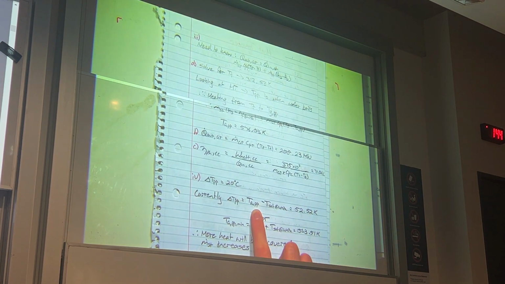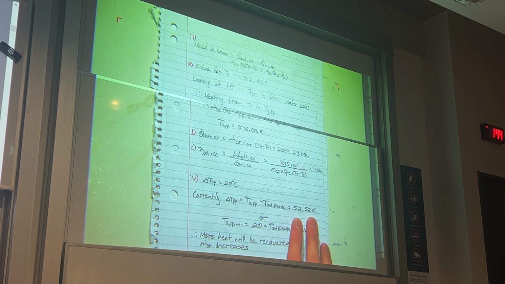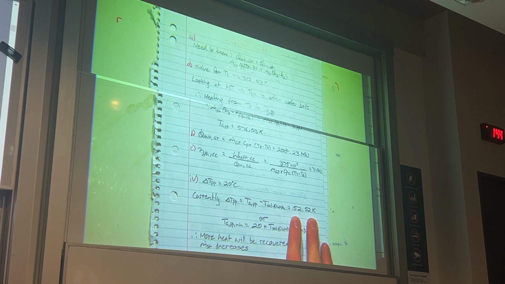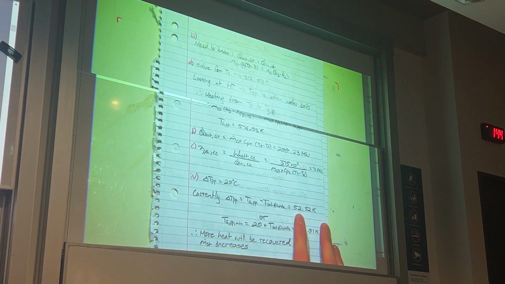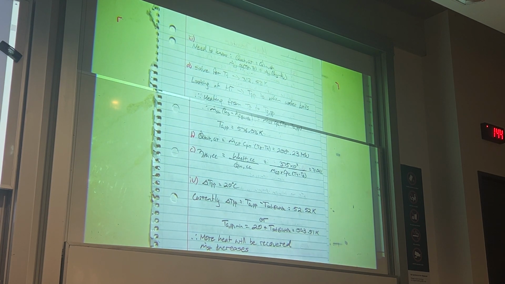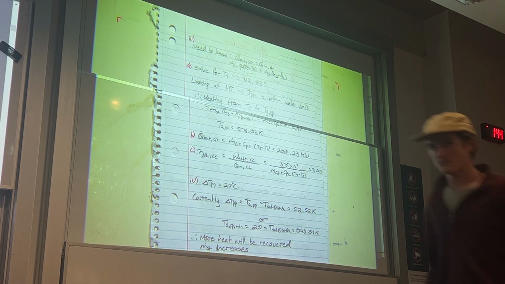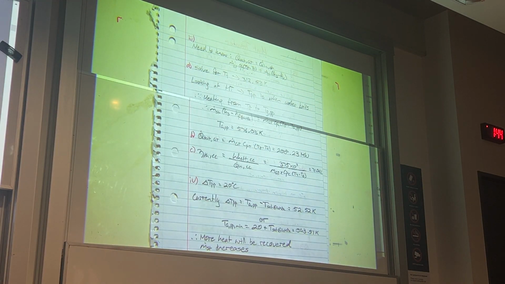So at the moment, our difference in temperatures in our actual cycle comes out to this 52.52 Kelvin, or you could replace that with degrees Celsius. It's just that I've subtracted kelvins from each other.